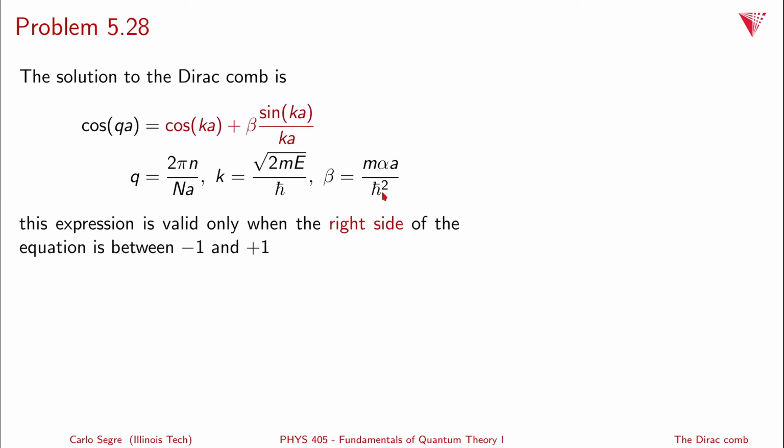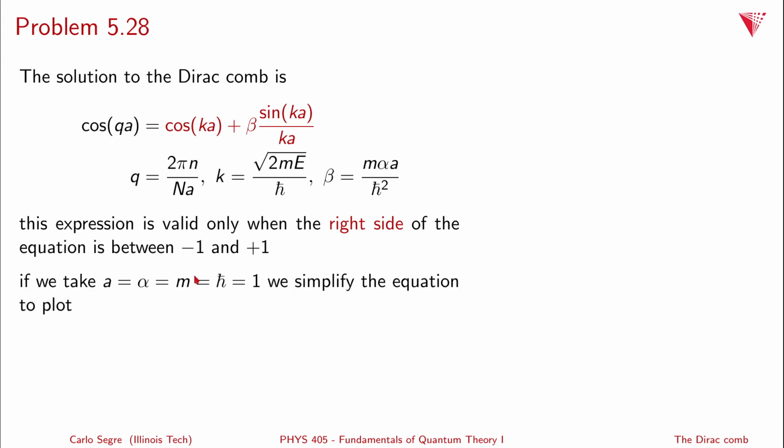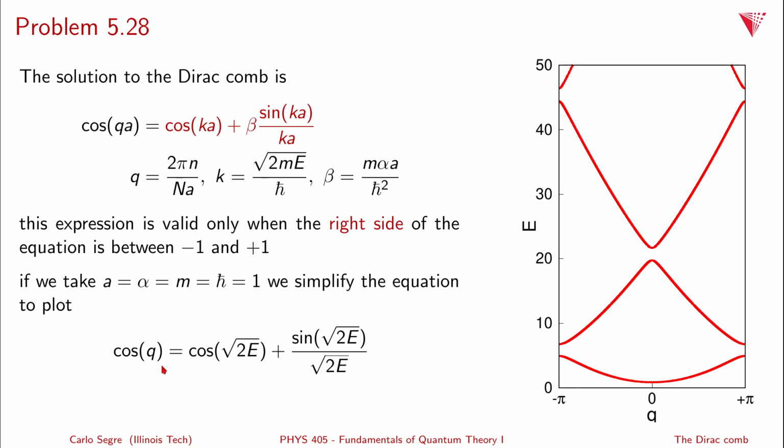If I set all the constants to 1, we're going to simplify this equation quite a bit, and I can plot it more easily. Now remember that the expression is valid only when the right side is between -1 and +1. So when I do that, I get cosine of q equals cosine of square root of 2E plus sine of square root of 2E over square root of 2E.